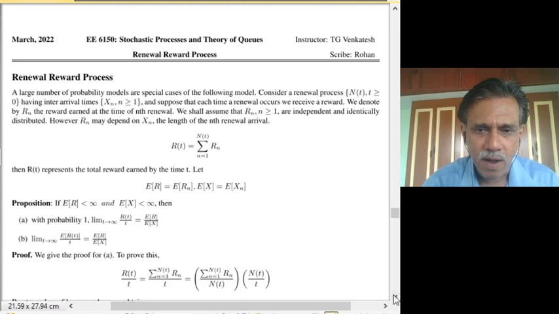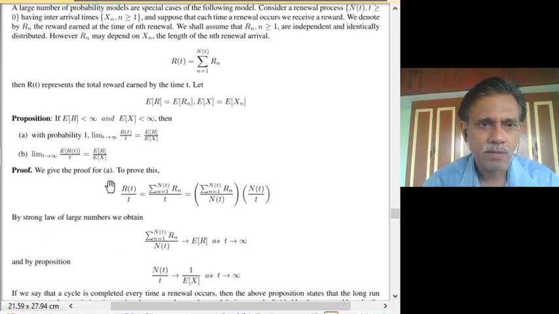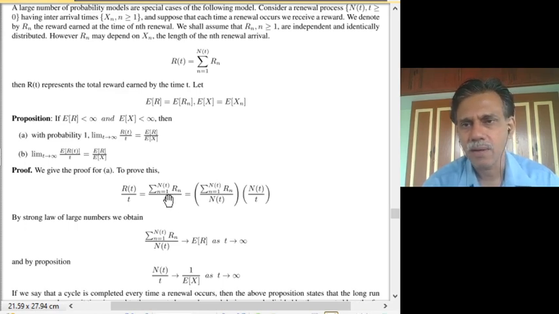Look at R of t by t. What is R of t? Sigma n from 1 to N of t of r of n, divided by t. So what we will do is, we will divide and multiply this by the term N of t. So sigma n 1 to N of t r of n by N of t into N of t by t.